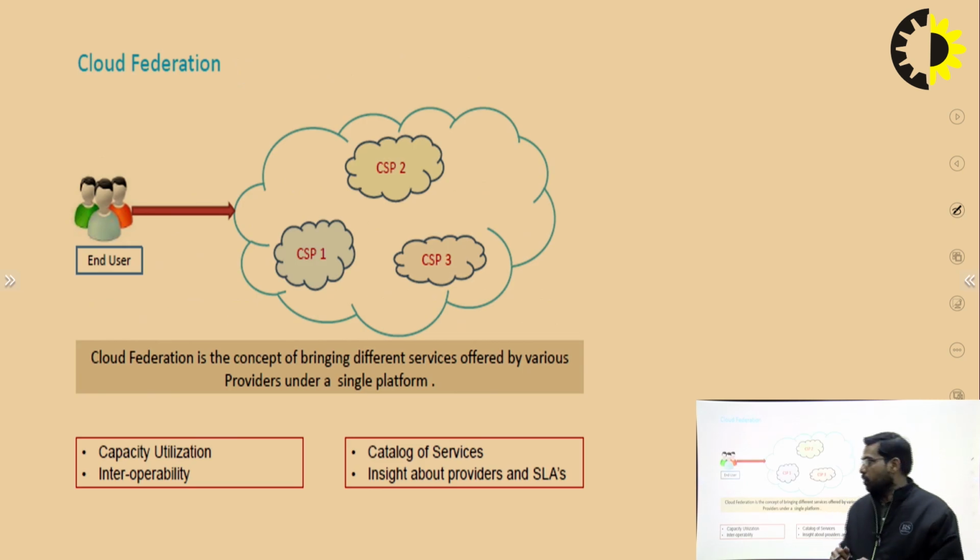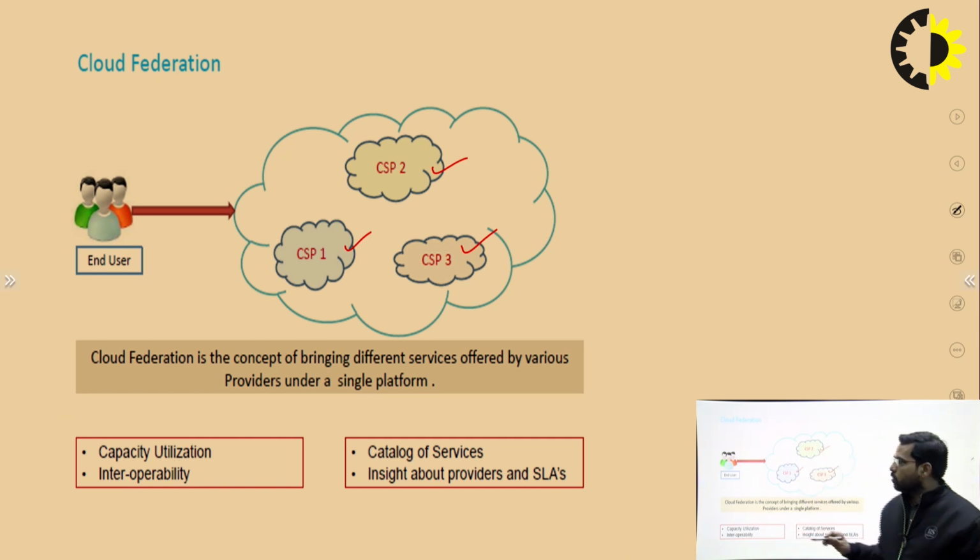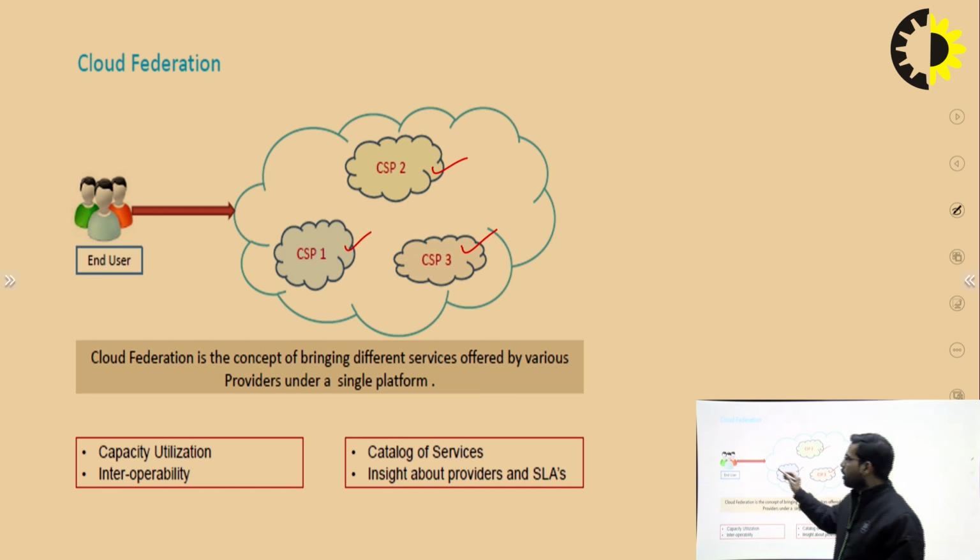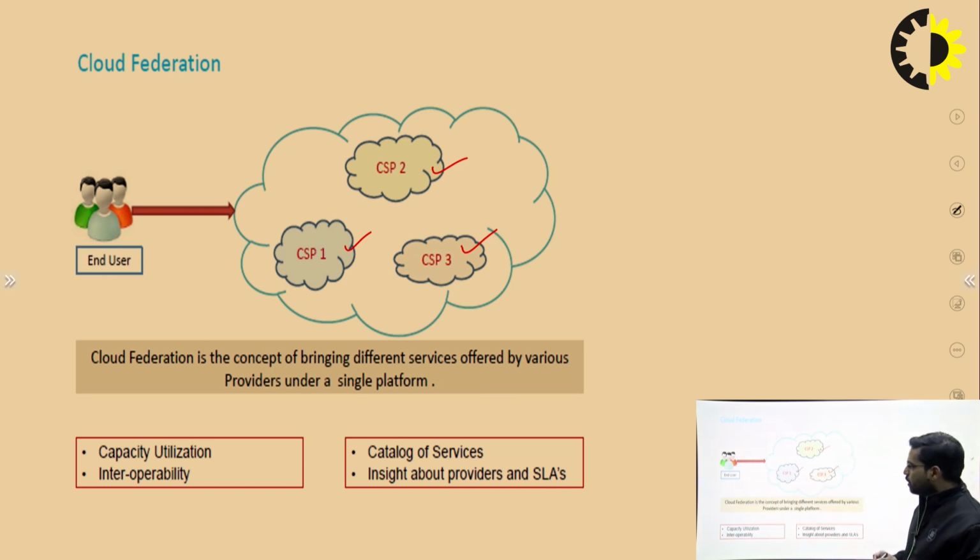In this diagram, these are the three end users, and that is one service provider, that is second, and that is third. So these three cloud service provider federation is working together for the end users. So cloud federation is the concept of bringing different services offered by the various providers under a single platform.